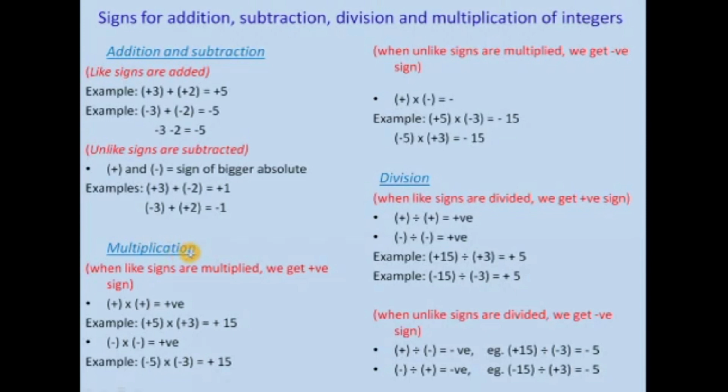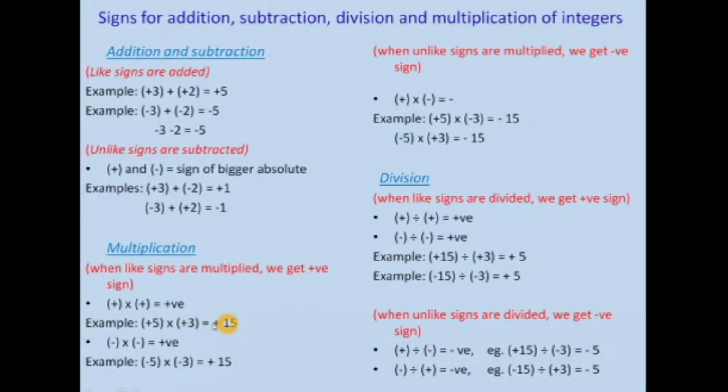In terms of multiplication, when like signs are multiplied, we get a positive sign. Like signs means when a positive number and a positive number are multiplied, we get a positive number. Example, +5 and +3, both of them are positive. When they are multiplied, we get +15. 5 3s are 15.